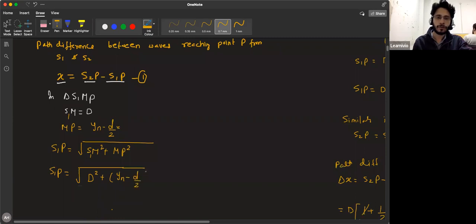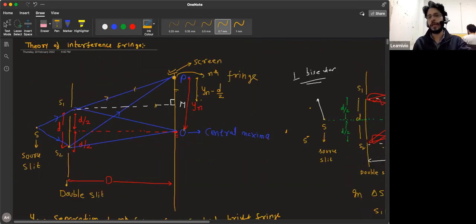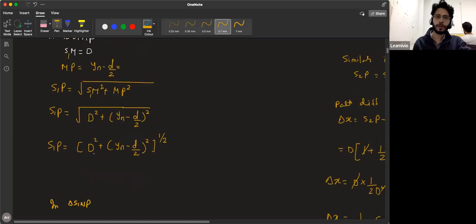So this is the first task, to somehow convert this path S1P in terms of Yn, capital D, and small d. Next, we can write this S1P as [D square plus (Yn minus d by 2) whole square] whole to the power half. Next, you can take D square as common.